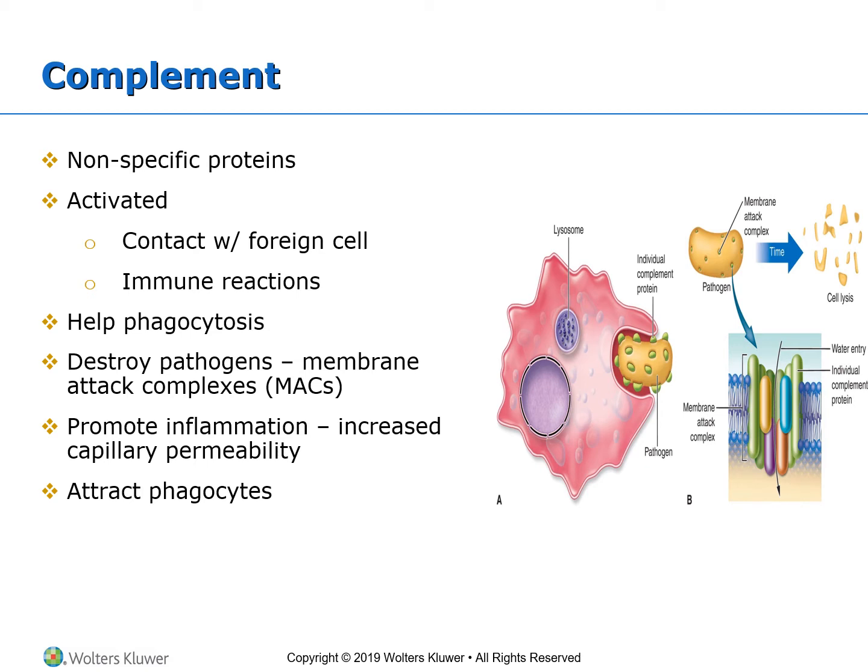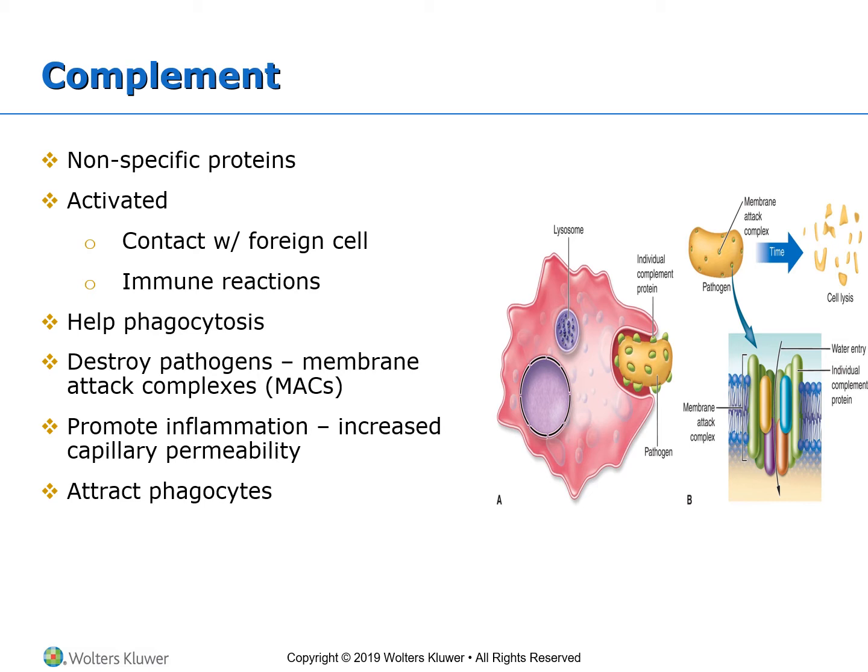So complement is named like this because it complements, it helps, it assists in the immune response. And it assists in the immune response by doing the following actions. It will bind to any kind of foreign cell, and by doing that, will send a signal to phagocytes to come and destroy them.